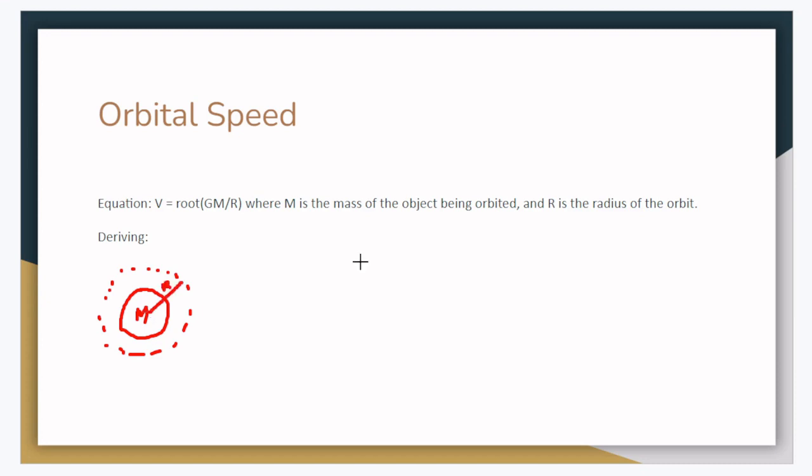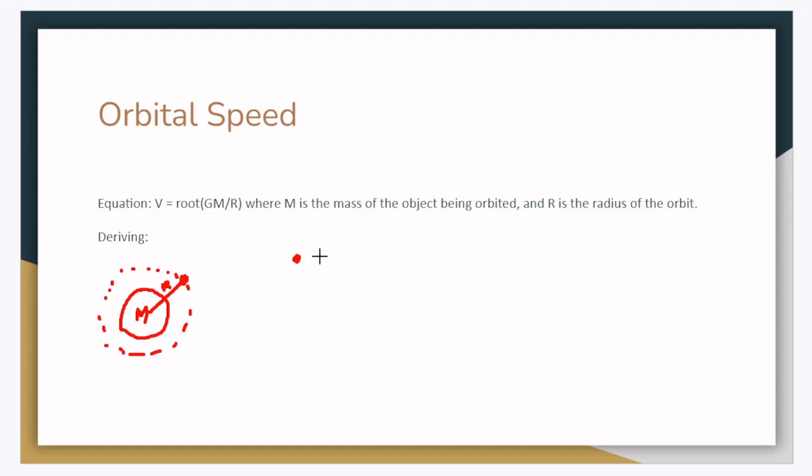And it's a circular orbit. It has to be a circular orbit for you to calculate this. So let's find the forces on this object right here. Let's say this is the object.